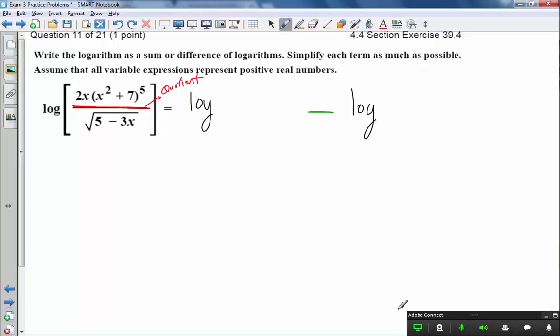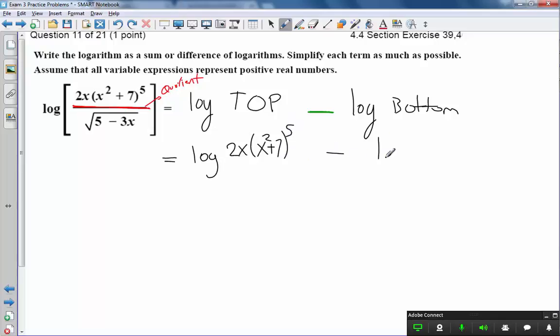Anyone? Nate? Would it be log of the top and then log of the bottom? Yes. That's it. Top, bottom. What is top? That's 2x times x squared plus 7 to the 5th.